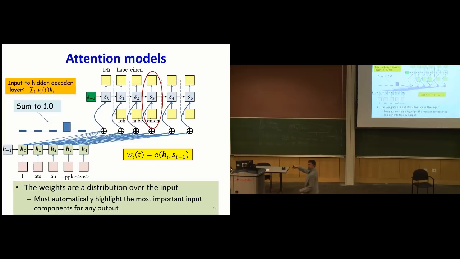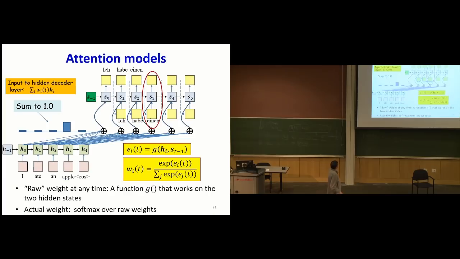So in order to compute the weights at time 5, I'm going to be using the hidden representation at time 4. That has the key, that has the Q, right? And so these weights are going to be some function of h_i and s_{t-1}.